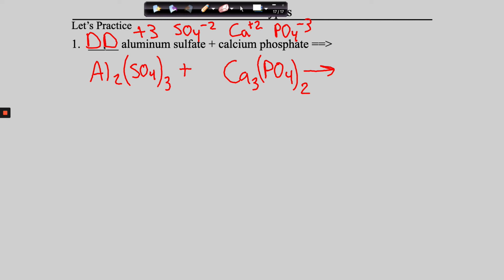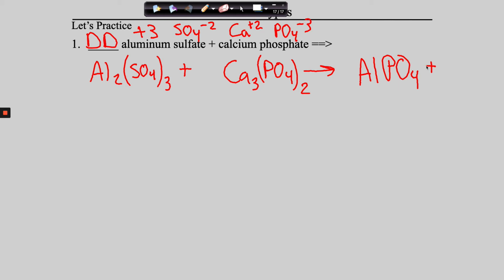The positive aluminum is going to hook up with the negative phosphate. But if aluminum's +3 and phosphate's -3, how many of each do we need? Just one. So one of our products is AlPO4. And yes, that spells Alpo, which is crazy dog food.